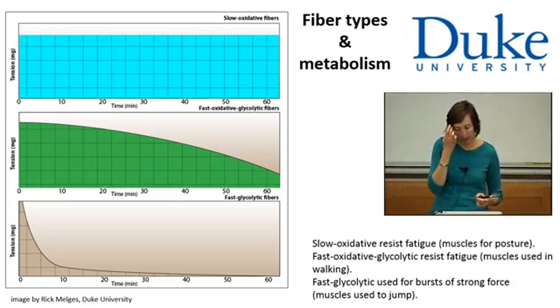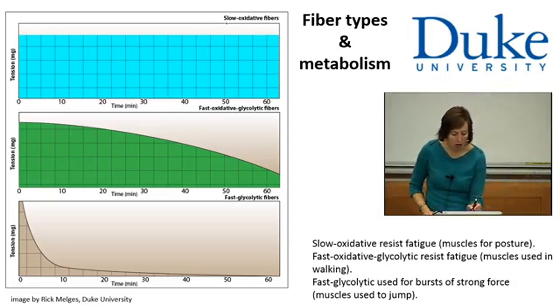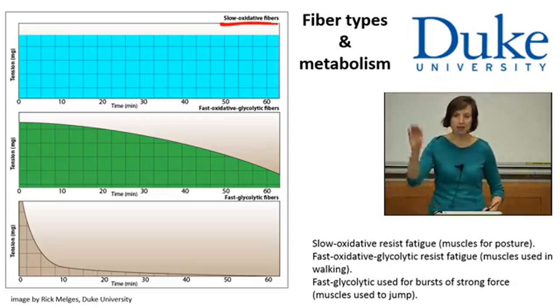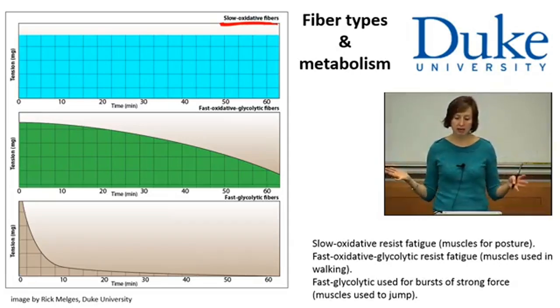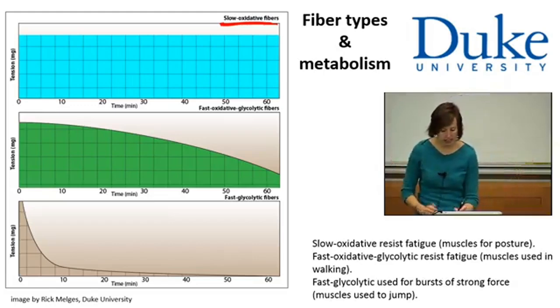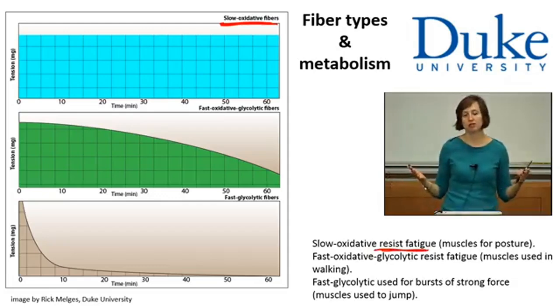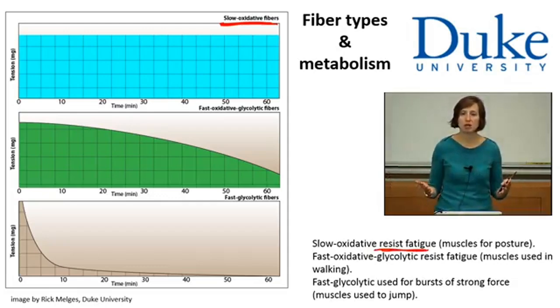So one fiber type are going to be slow oxidative fibers, meaning they have the slow ATPase, and they use primarily oxidative metabolism, which allows them to basically resist fatigue. An example of these sorts of muscle types would be muscles that we need for posture.